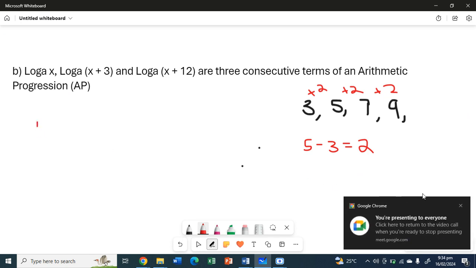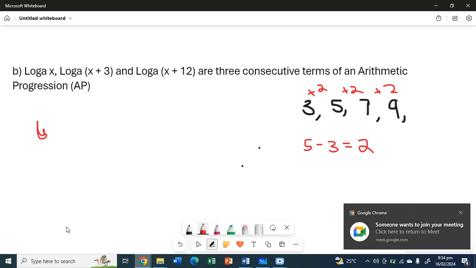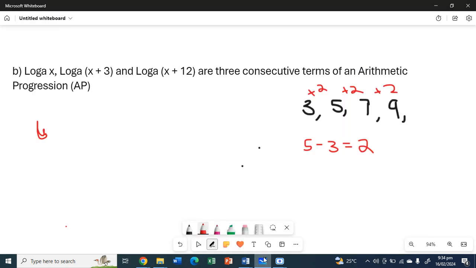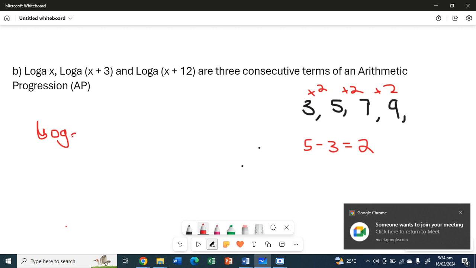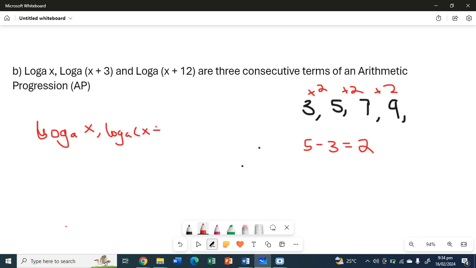So we have first we've got log a x, log a (x+3), log a (x+12).